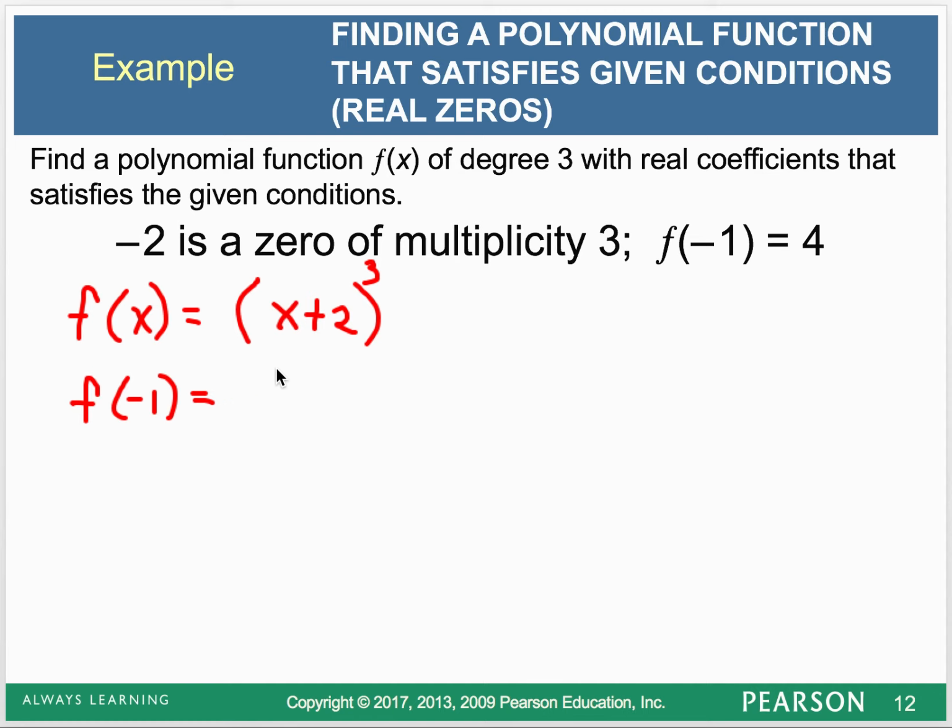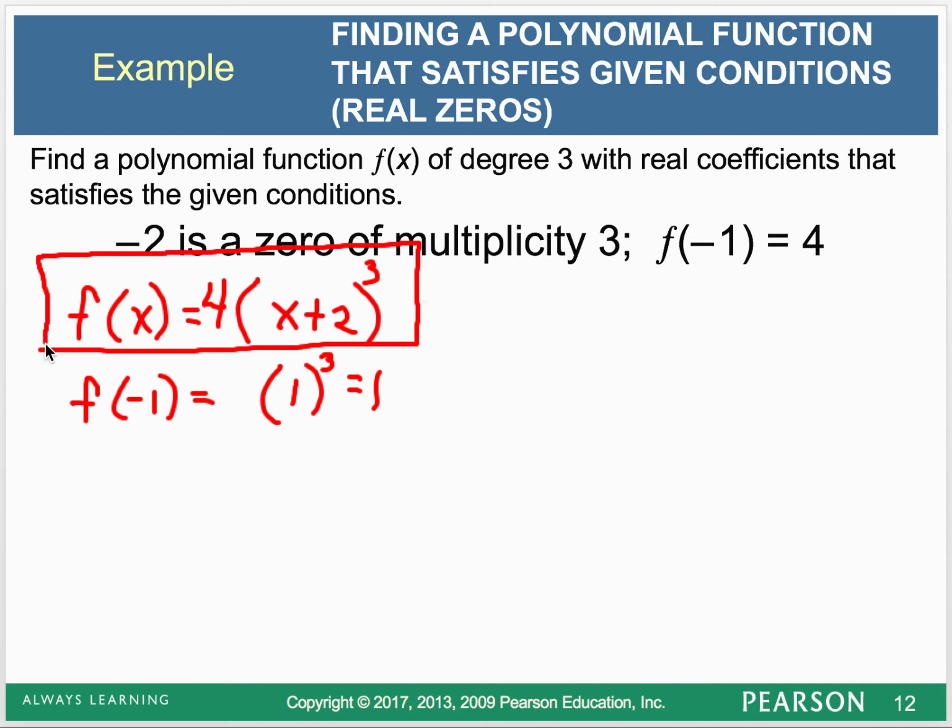And if I plug a negative 1 into here, negative 1 plus 2 is 1 cubed. It's just 1. If I need it to be 4, then I need to multiply that by 4, right? So there's my function, the particular function we're looking for.